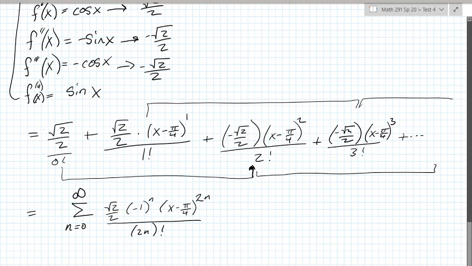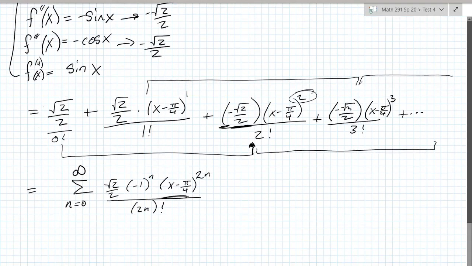When n is 1, I've got square root of 2 over 2. I've got a negative. I've got this stuff to the second power. I've got 2 times 1 factorial, 2 factorial. It works. So this is going to take care of all of the even powers.